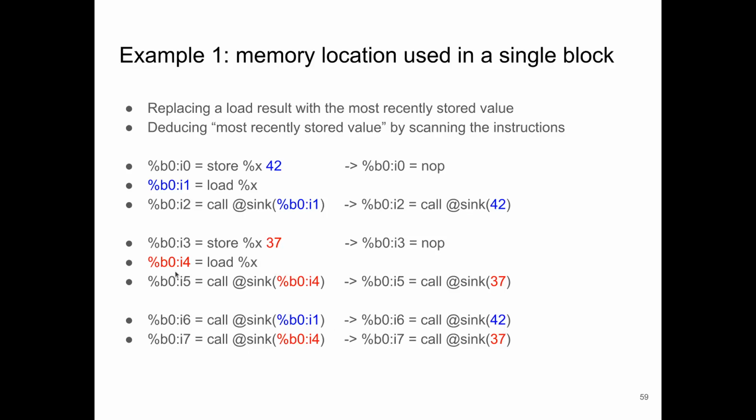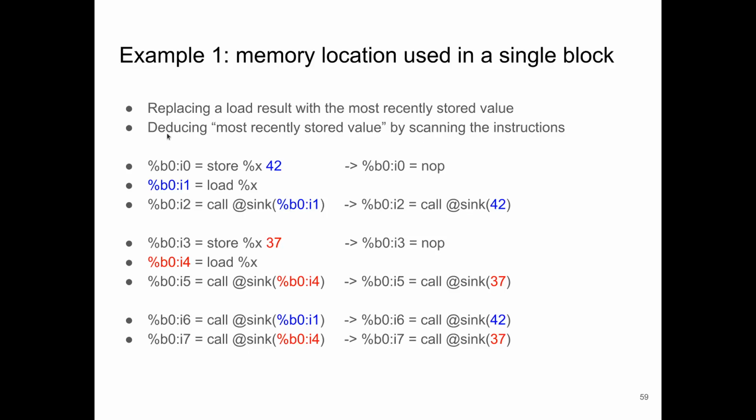Similarly, the loaded value here at I4, the first instruction in the block, should be replaced with 37 at I7 later. So to summarize, in the translation here, we are tracking which values are stored and which values are loaded from the location, and replacing the load result with the most recently stored value.